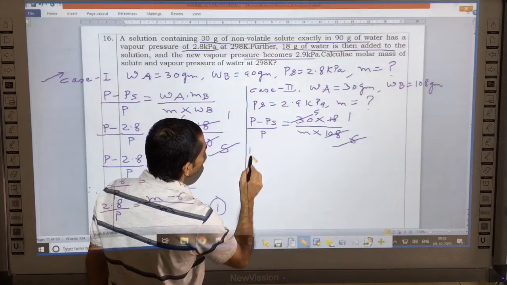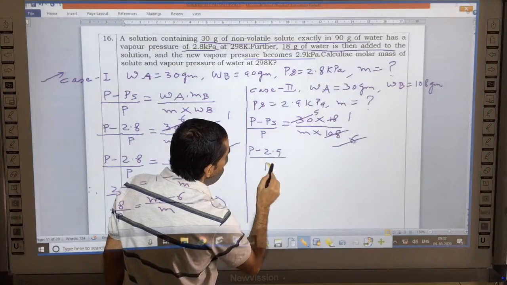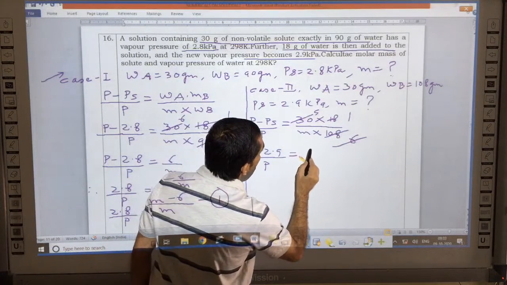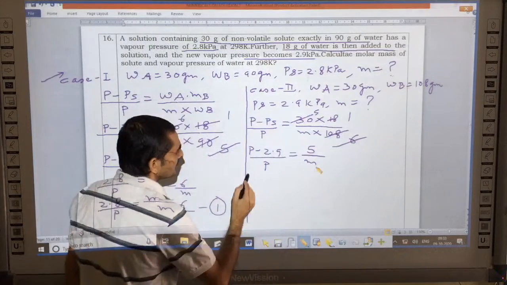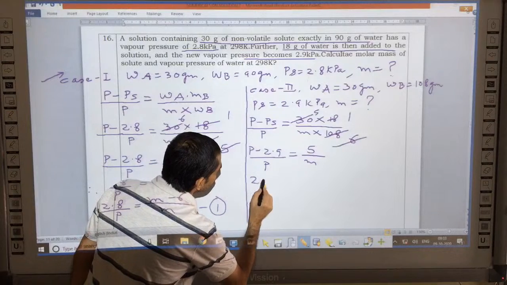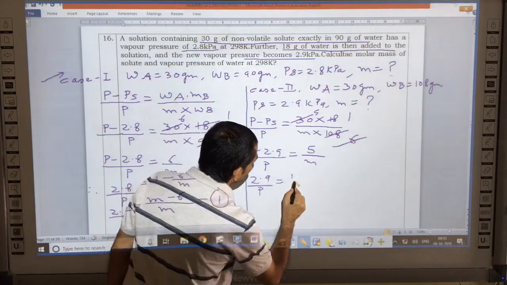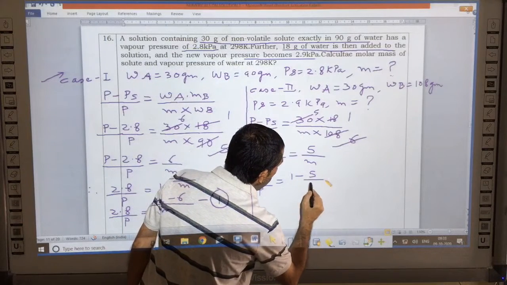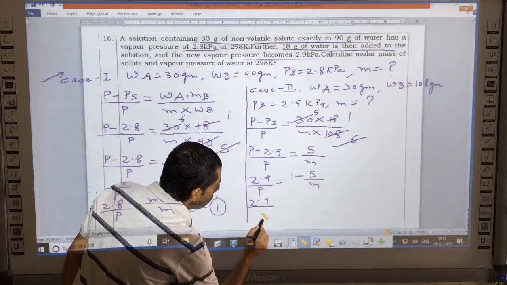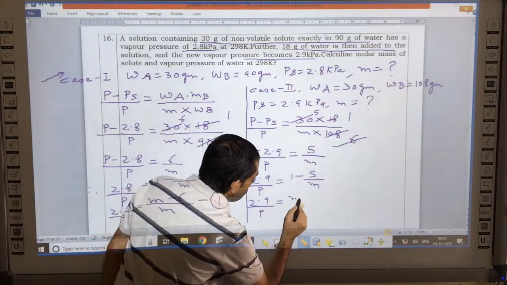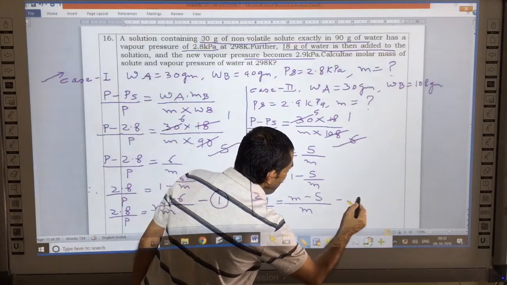So this is P minus 2.9 upon P is equal to what? 5 upon M. Okay, so we can write 2.9 upon P is equal to 1 minus 5 upon M. You solve it. 2.9 upon P will be equal to M minus 5 upon M. This is equation number 2.